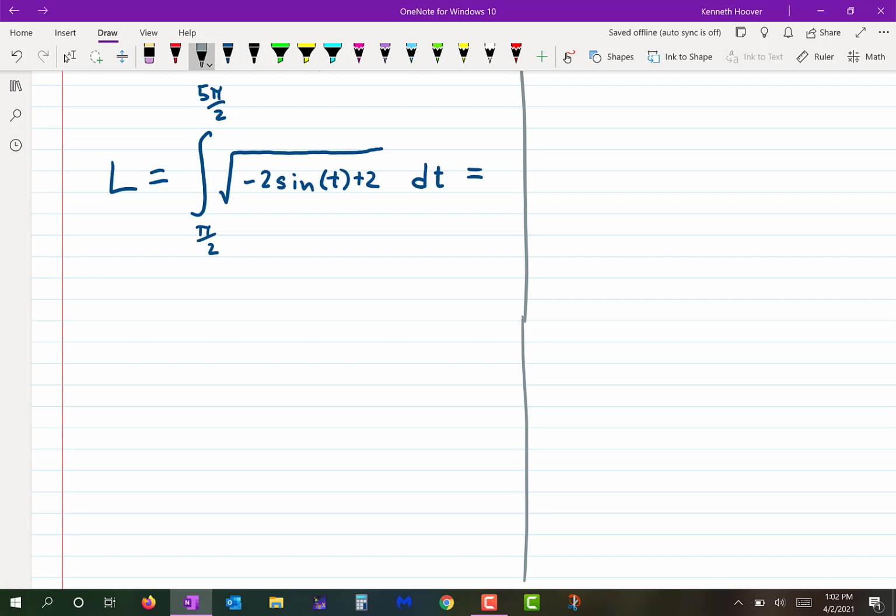I'm going to write negative sine of t plus 1. Actually, let me rewrite that as 1 minus sine of t. 1 is the sine of pi over 2, so let's write that as the difference: sine of pi over 2 minus sine of t.